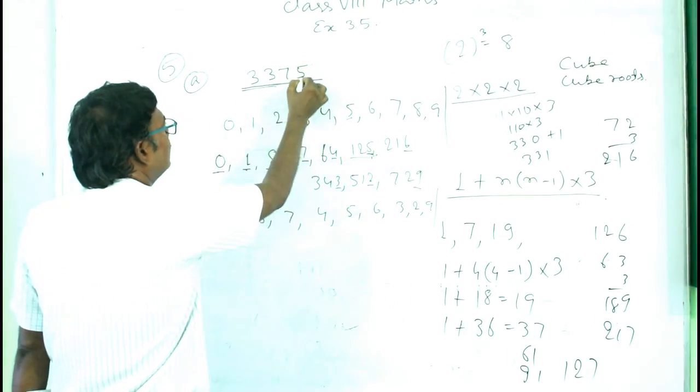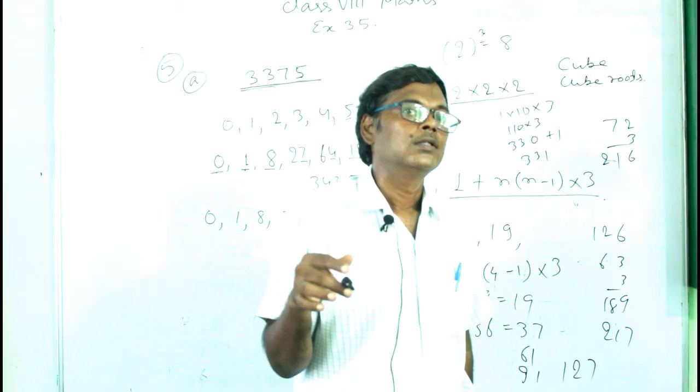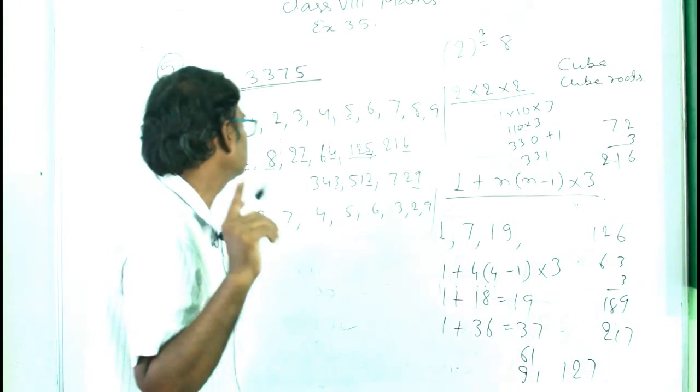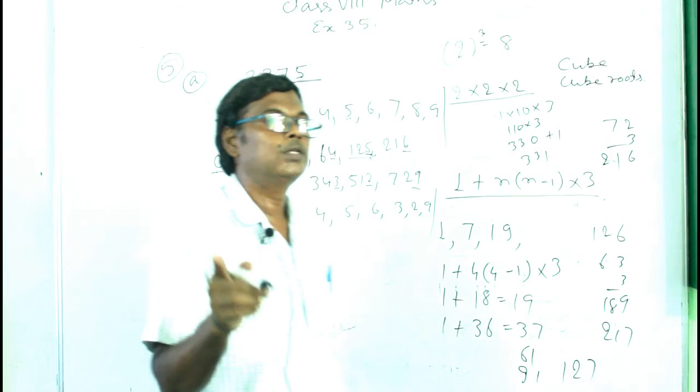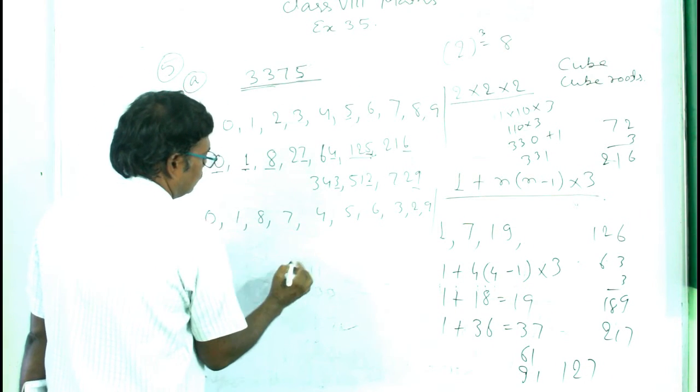So it is sure that in the cube root of this number the number at the ones place will be 5.